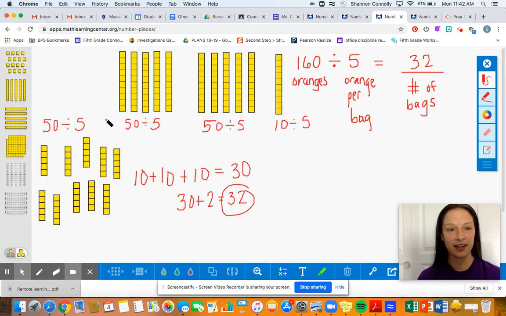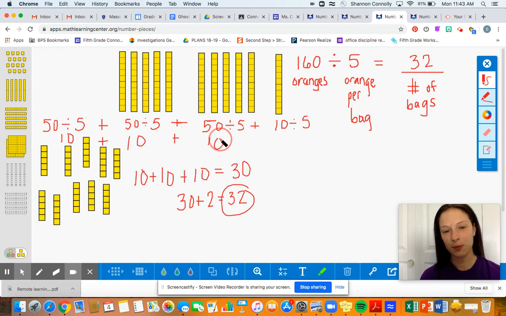And when I add all of those up, I know that I have 10 plus 10 plus 10.